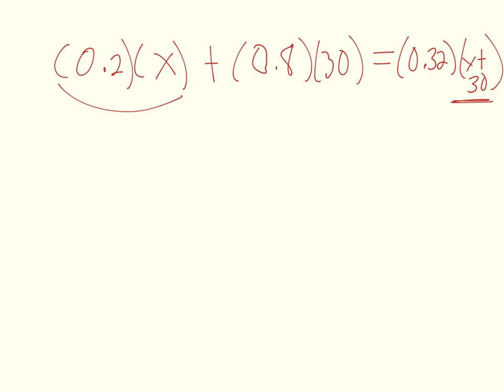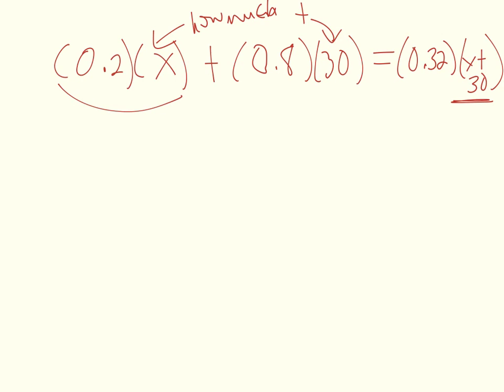You have to remember the question is asking how much of that 20% solution, that x is the how much, will be added to the 30. So that's where I'm getting x plus 30 from.